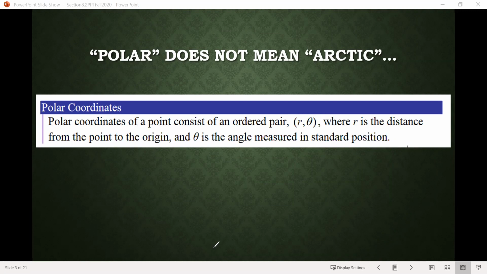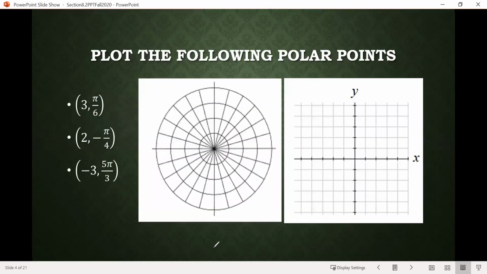Okay, so let's look at some examples of this. And there on the right in this picture, you'll see that I have a copy of, again, what we call the Cartesian coordinate system, which is the one that we are most familiar with. And on the left there, I have what is called the polar coordinate system.